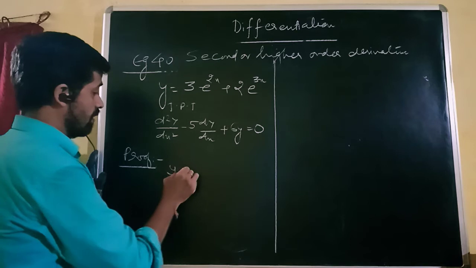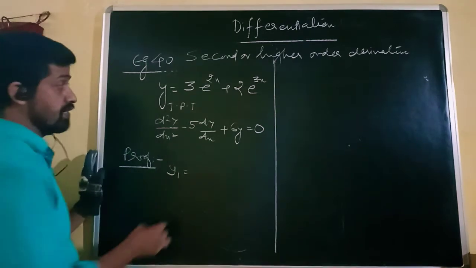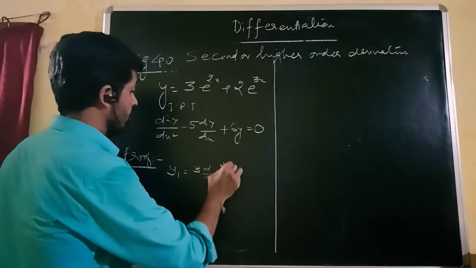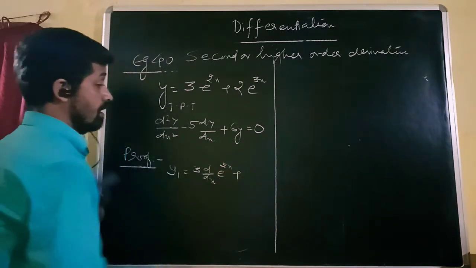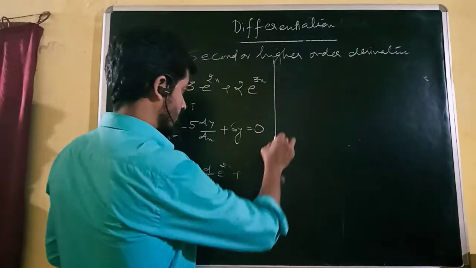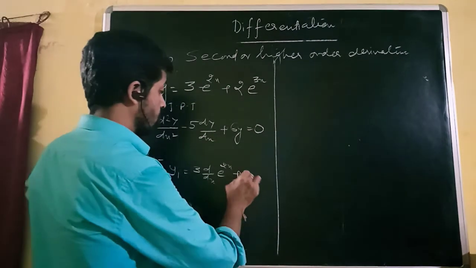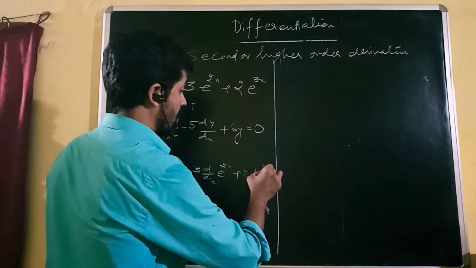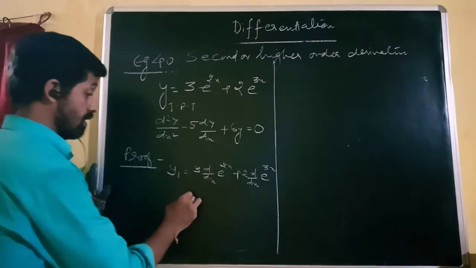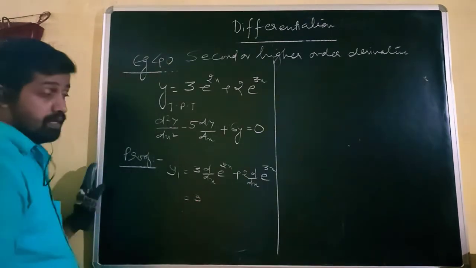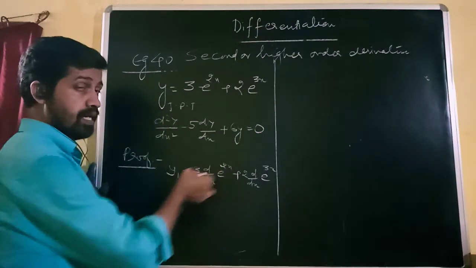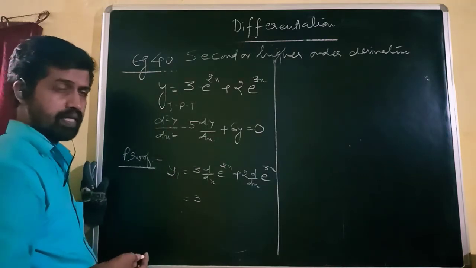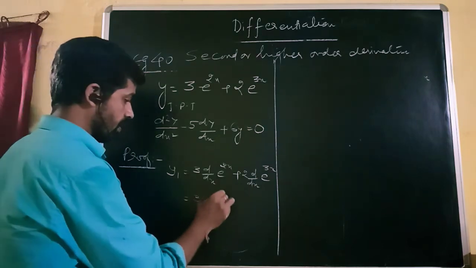So y1, that is first differentiation. So 3 times d dx of e to the power of 2x, and then here plus 2 times d dx of e to the power of 3x. Now we do know that the differentiation of e to the power of x is e to the power of x.